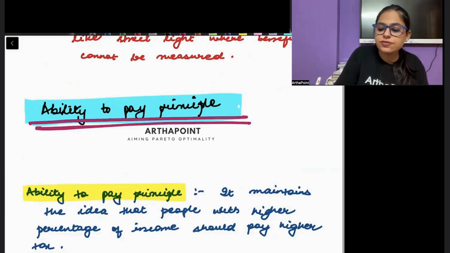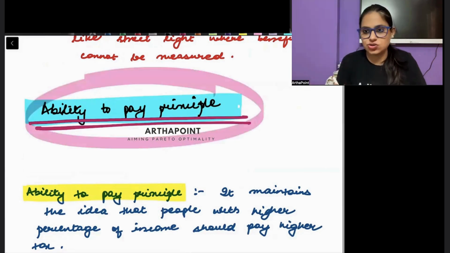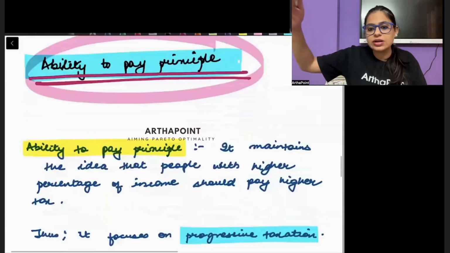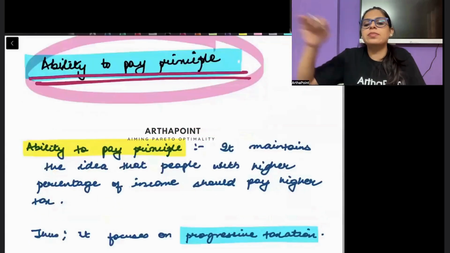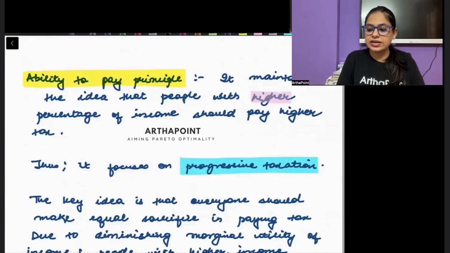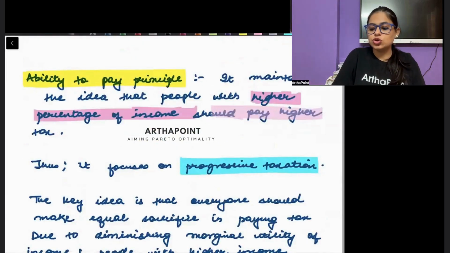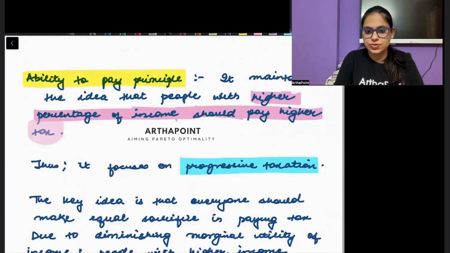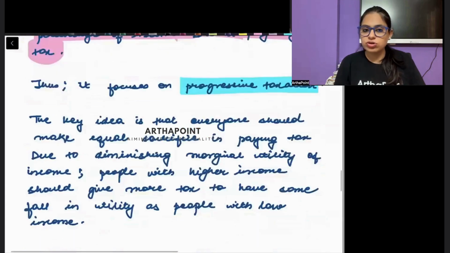So in this case, we follow the concept of progressive taxation, right? More income, more ability, more tax paid. So it maintains the idea that people with higher percentage of income should be paying more tax, right? It focuses on progressive taxation.